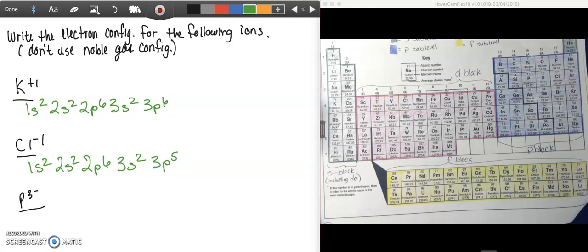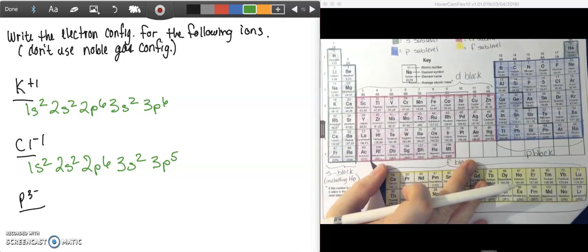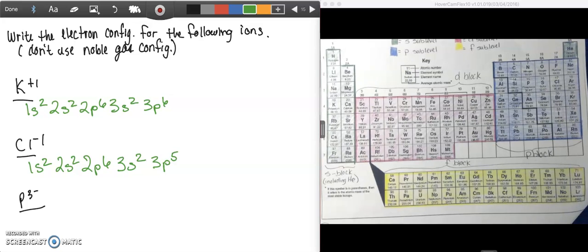Now, it says that chlorine right here has a -1 charge. In order to become negative as an atom, you have to gain electrons, okay? And when you gain electrons, you always gain them in the outermost energy level, which in this case is the third energy level, and the orbital with the highest energy is the p orbital, okay?